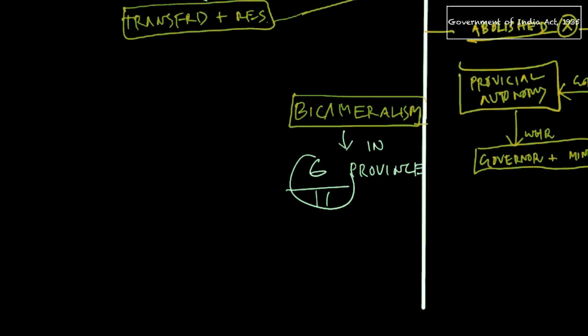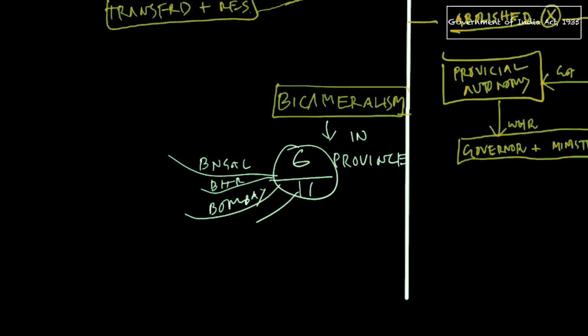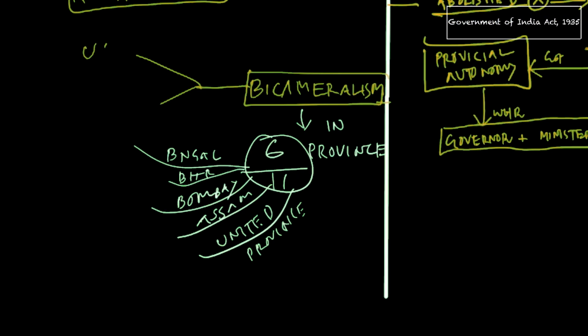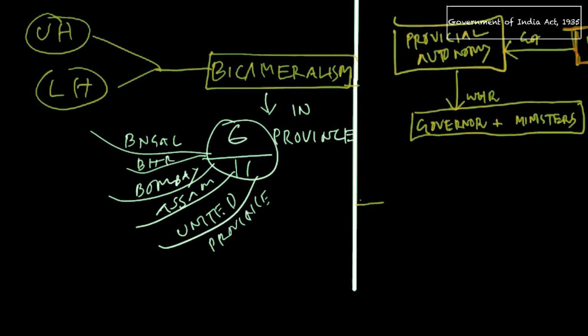The Act introduced bicameralism in 6 of 11 provinces. Thus, the legislatures of Bengal, Bombay, Madras, Bihar, Assam, and United Provinces were made bicameral, consisting of a legislative council, upper house, and a legislative assembly, lower house. However, many restrictions were placed on them.